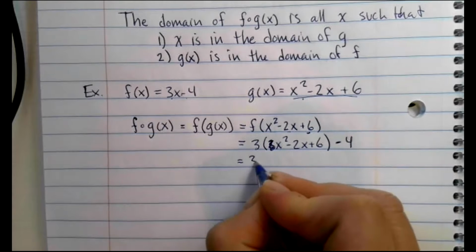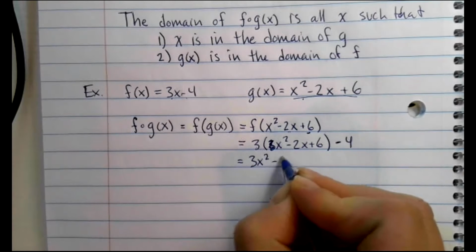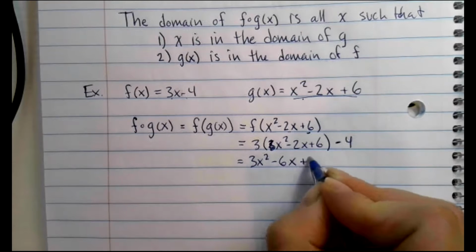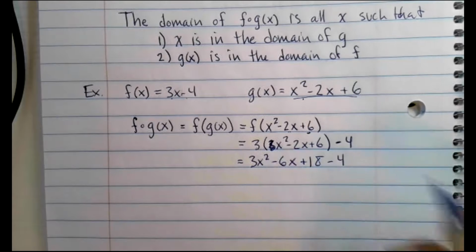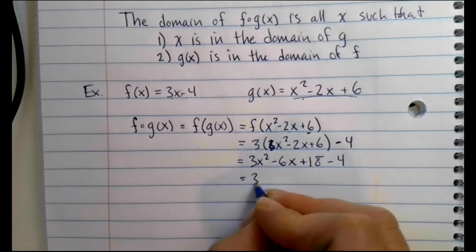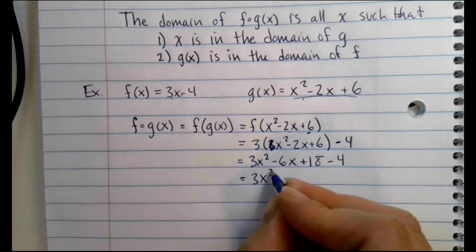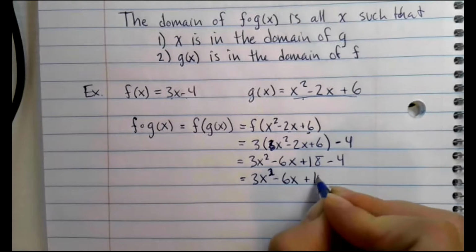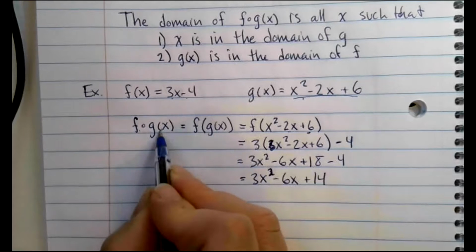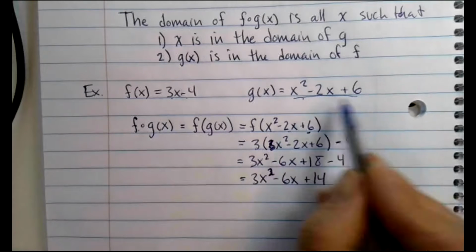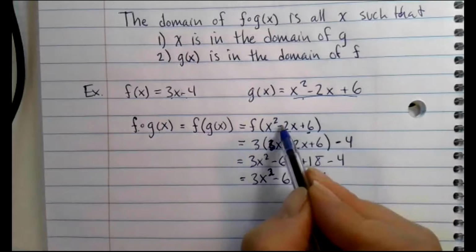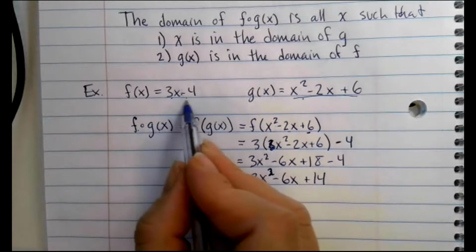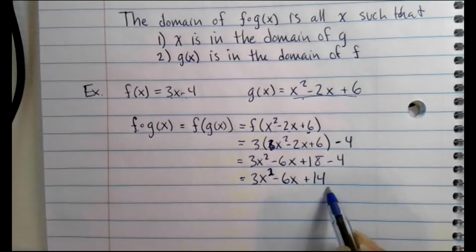Then we can simplify and we get 3x squared minus 6x plus 18 minus 4. So f of g of x makes a new function where we plug the function g into f, we do what f says, and we get this out.